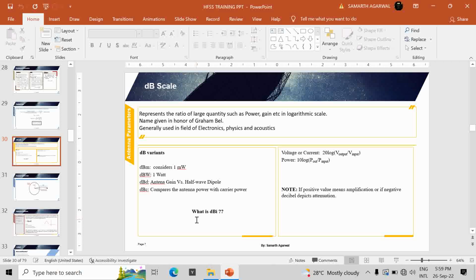Now dBi means gain with respect to an isotropic antenna. But as I have already told, the isotropic antenna does not exist in real life, it is only a theoretical antenna.